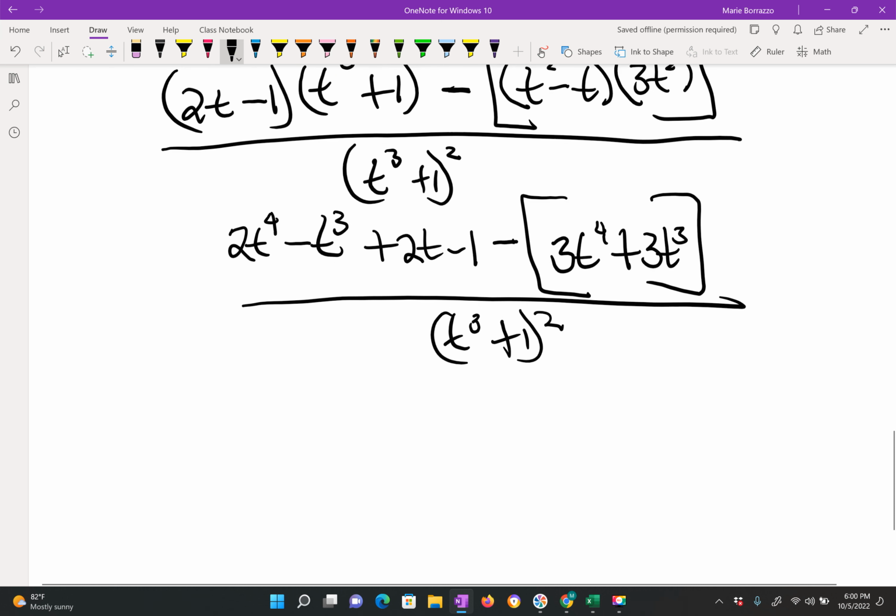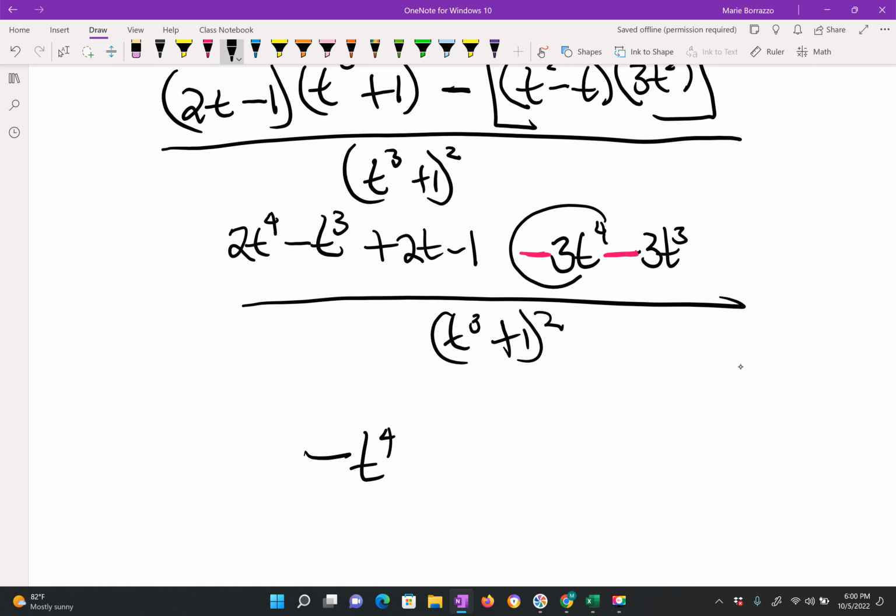And now we simplify. Remember that negative is going to jump in here. It's going to change this. It's going to change this. So everything goes away otherwise. And now we simply do the math with our common exponent values. So this is going to give us negative t to the fourth, which is basically this and this added together.